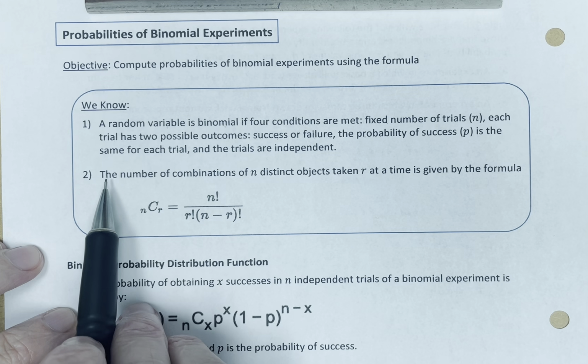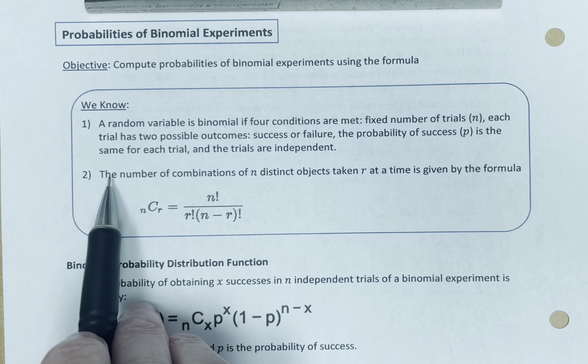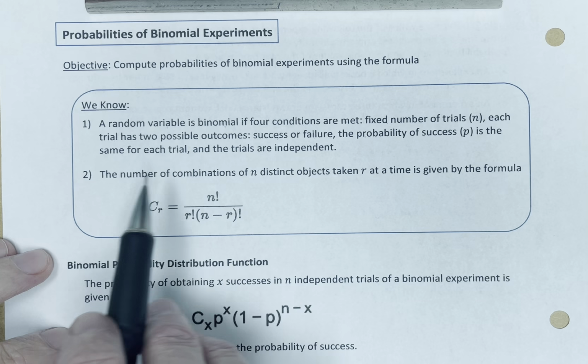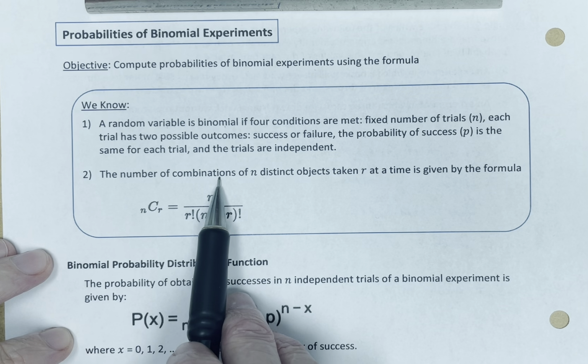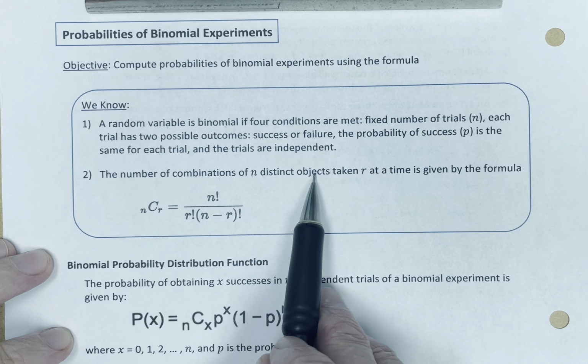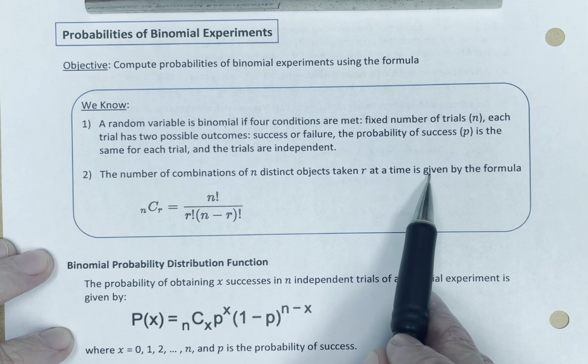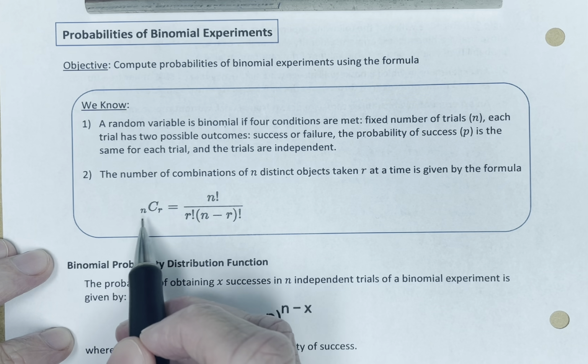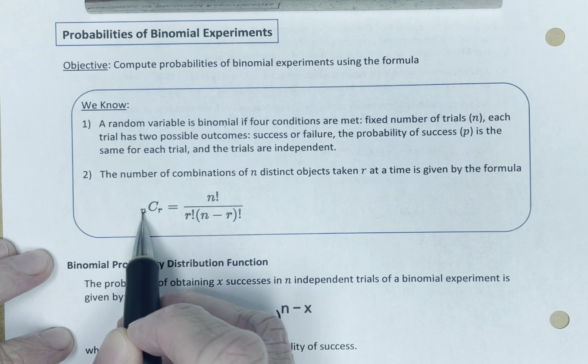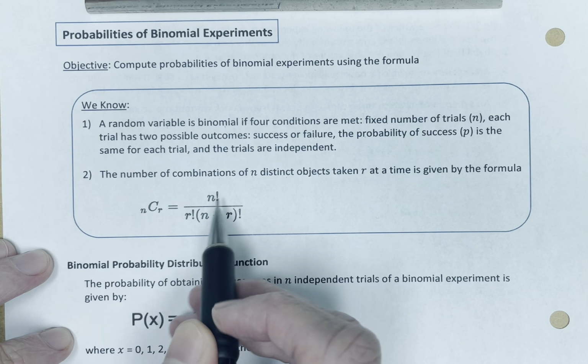And from our probability lessons, we've talked about combinations. The number of combinations of n distinct objects, taken r at a time, is given by this formula. We have combinations with a sub n on the left and a sub r on the right.